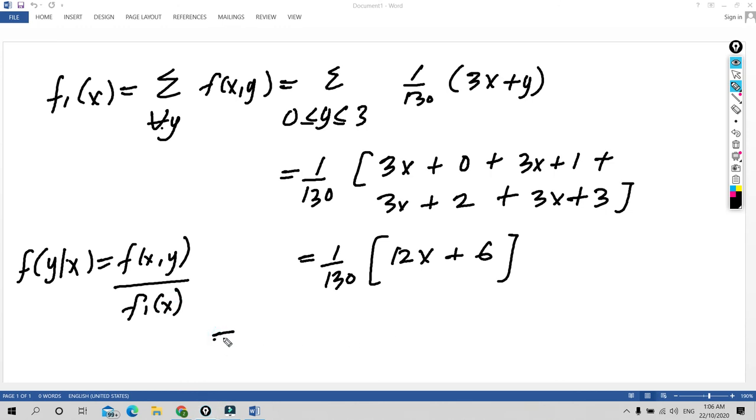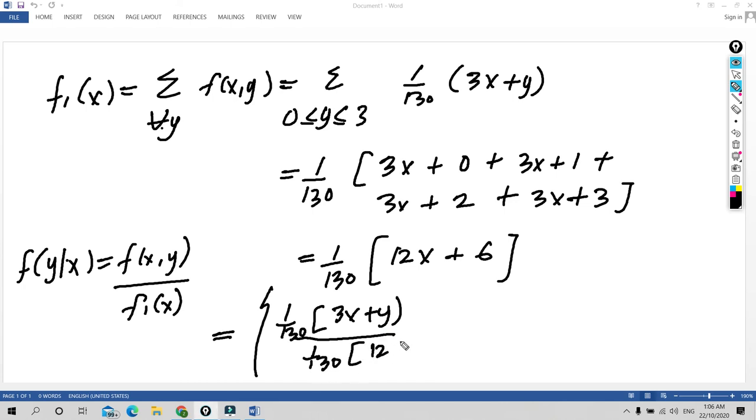So this can be written as 1 over 130 multiplied by (3x plus y), over 1 over 130 multiplied by (12x plus 6), for y between 0 and 3, and 0 elsewhere.